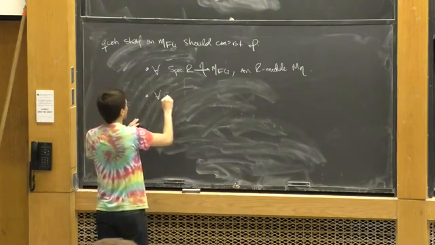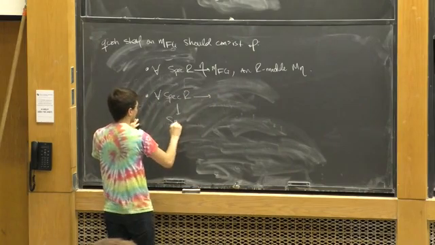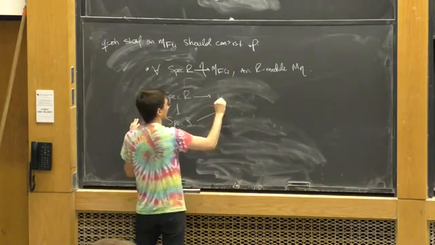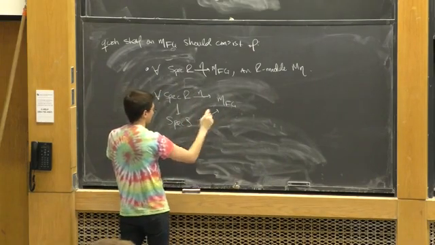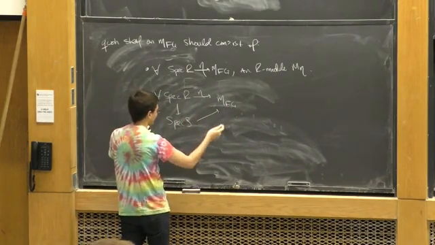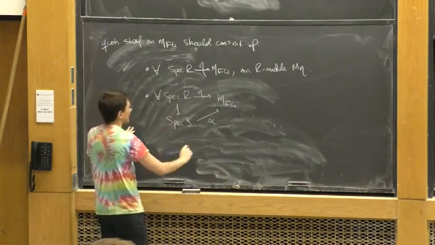So for all diagrams like this, so I have an eta here. What's another letter? Alpha. Okay.